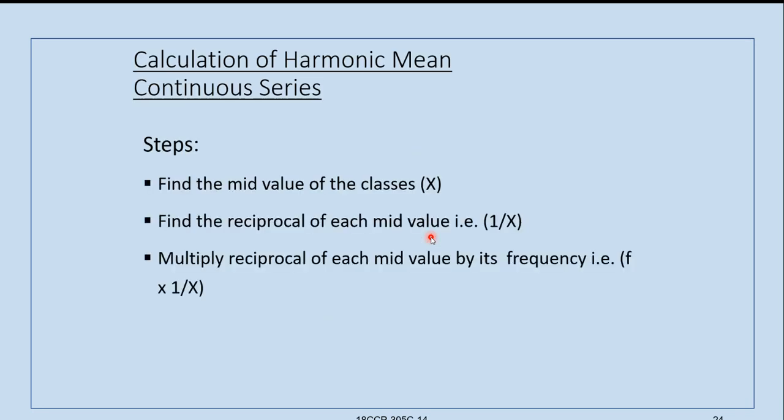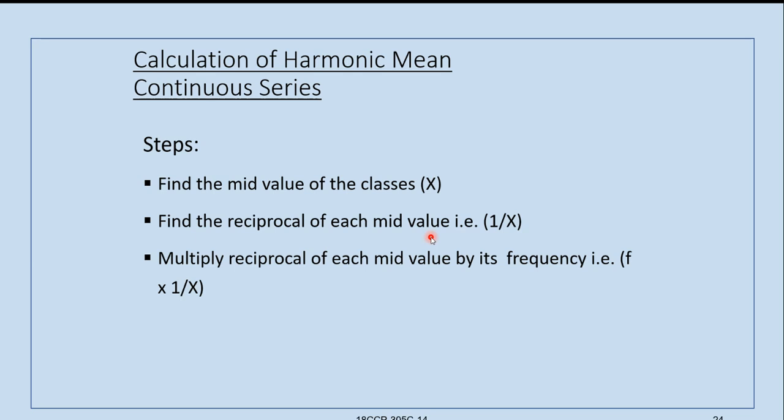Now we will see continuous series steps. The major difference between discrete series and continuous series is that the series is continuous, and we have to take another additional column, that is midpoints. So first you take midpoints and then calculate the reciprocal of the midpoints. Here we will have 5 columns.